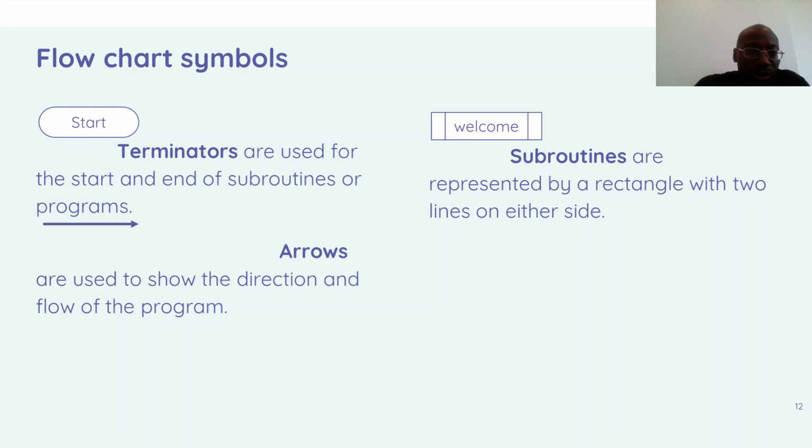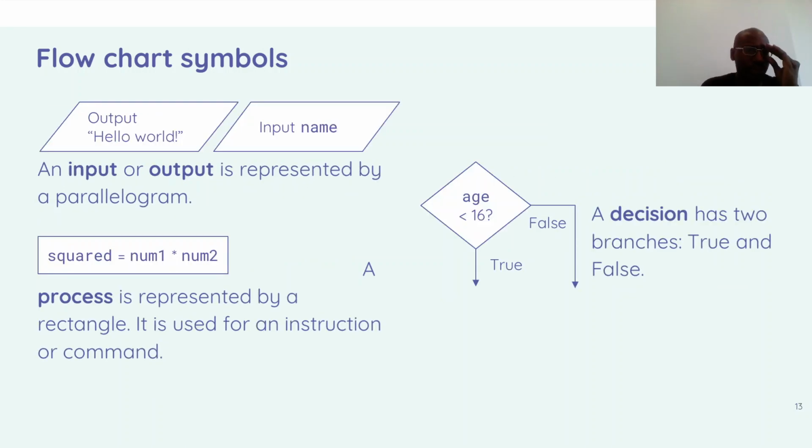Alright, so flowchart symbols. Start. Terminators are used for the start and end of subroutines or programs. Arrows are used to show the direction and the flow of the program. Welcome. Okay, so that information says welcome. Subroutines are represented by a rectangle with 2 lines on either side.